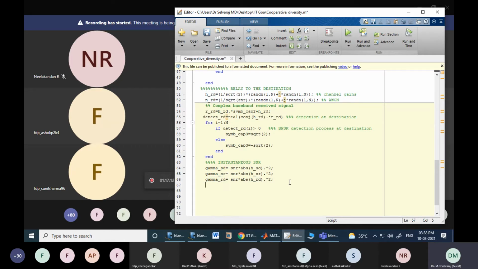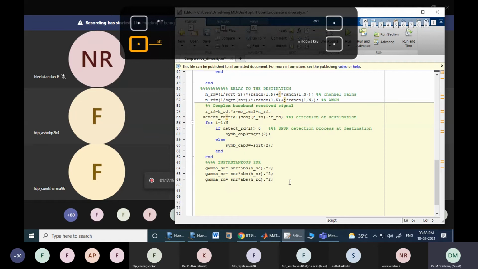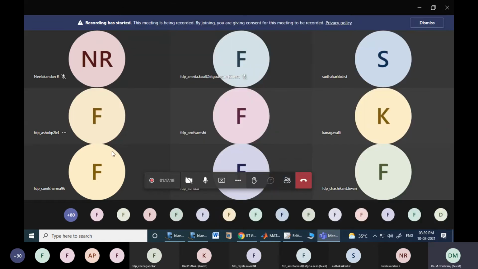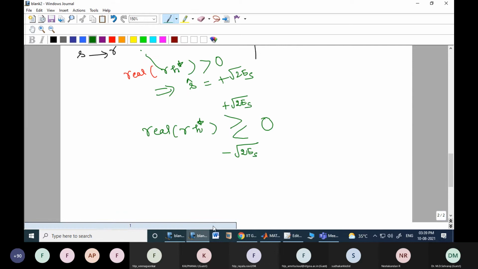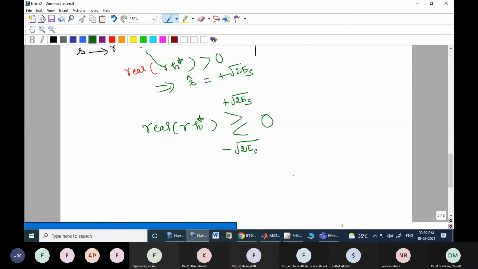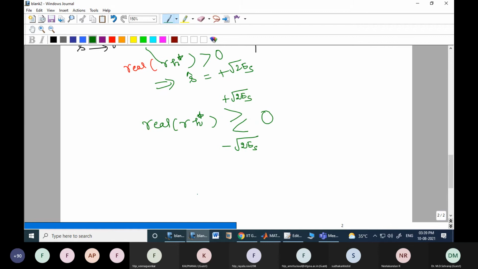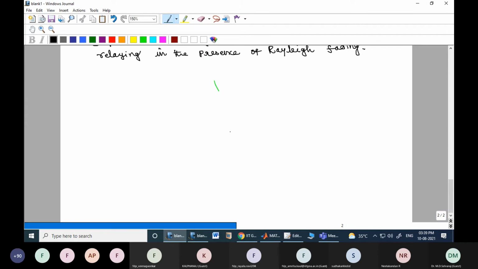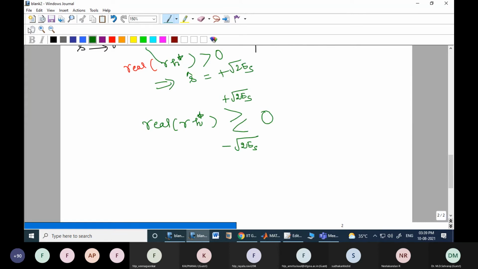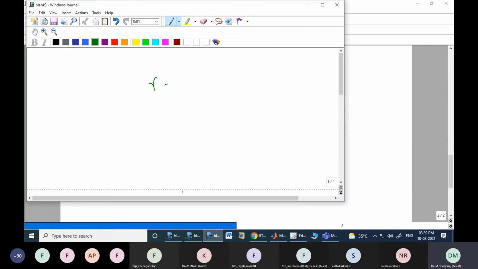Here, maybe quickly I'll just write down this part if you require. So what we did here is gamma is equal to ES by N naught times mod of H square.